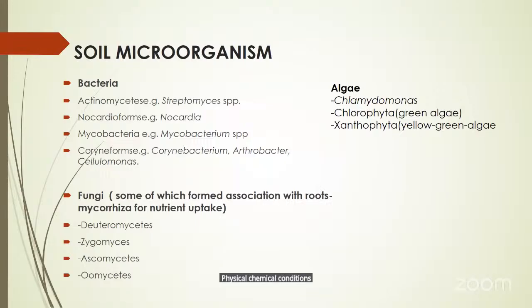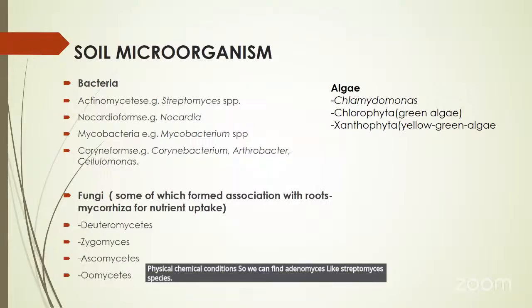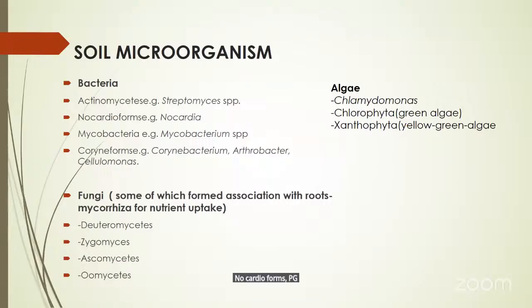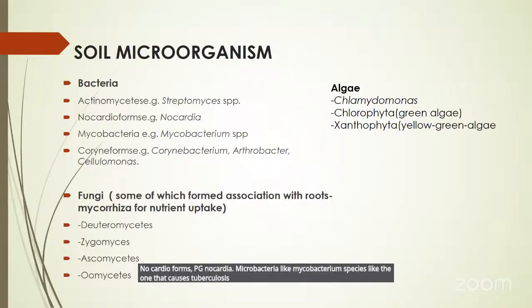So we can find actinomycetes, like Streptomyces species, nocardioforms, e.g. Nocardia, mycobacteria, like Mycobacterium species, like the one that causes tuberculosis, then the coryneforms, like Corynebacterium, Arthrobacter, and Cellulomonas.